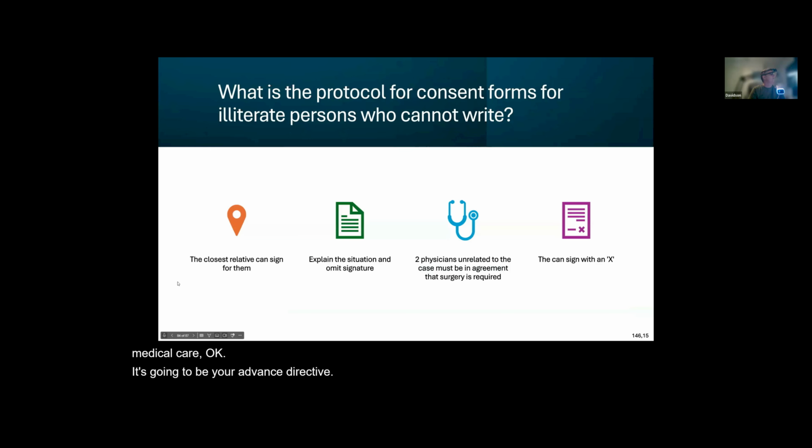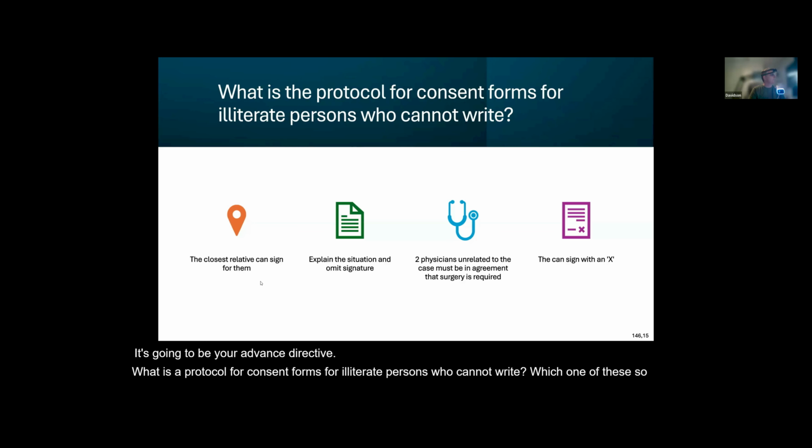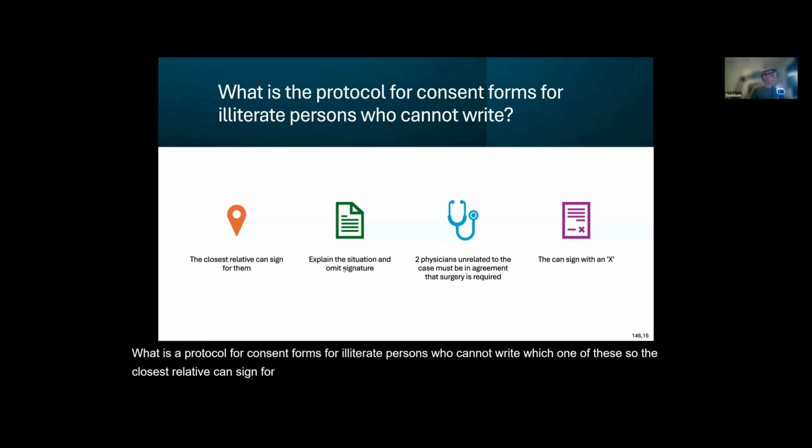What is a protocol for consent forms for illiterate persons who cannot write? Which one of these? So the closest relative can sign for them, explain the situation and omit signature. 2 physicians unrelated to the case must be in agreement that surgery is required, or they can sign with an X. So you want to look back at the question and see that it is an illiterate person, not a person with a language barrier.